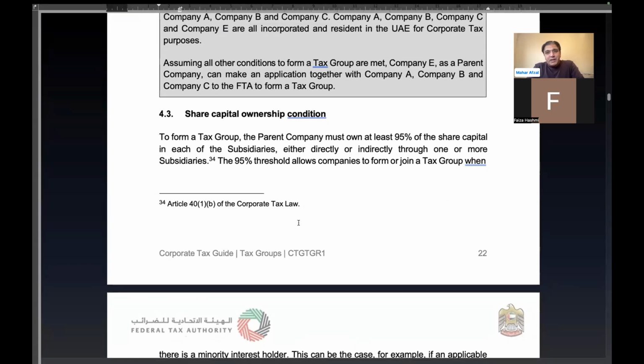So authorized capital is not important, and the number of shares is not important. Two things: 95% of the nominal value of the issued or paid up capital. Authorized capital is irrelevant for this discussion. Number of shares is irrelevant for this discussion. This is very important.